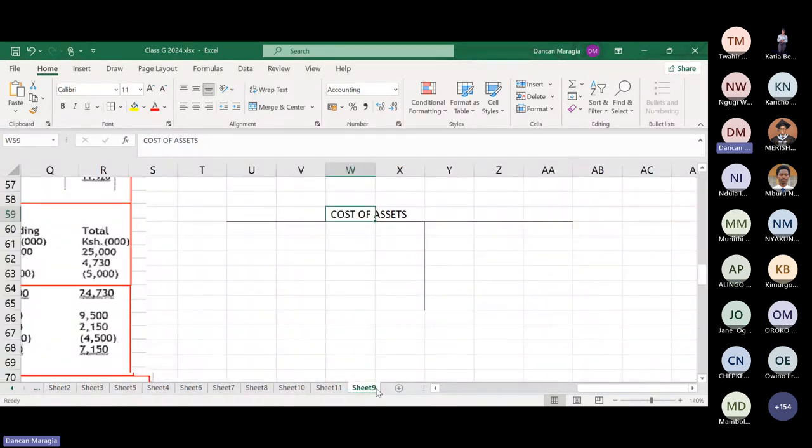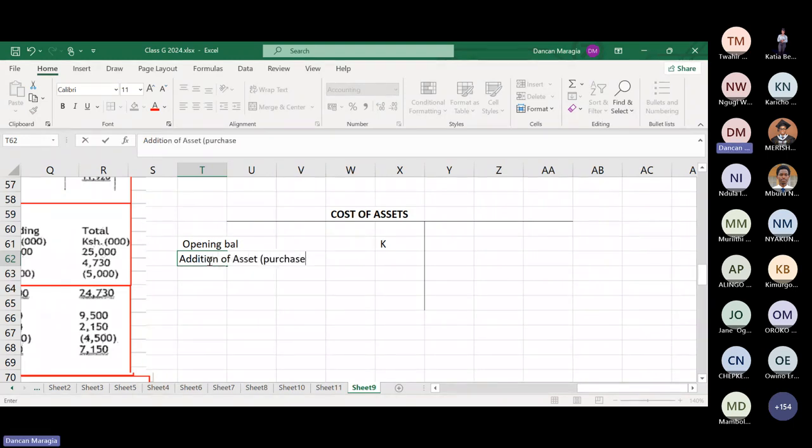Now, based on that, we come here and say, this cost of assets we have here, how does it come about? You usually start the year with an opening balance because they are assets. Any additions in the year, additions of assets, you purchase assets, will usually go in there.